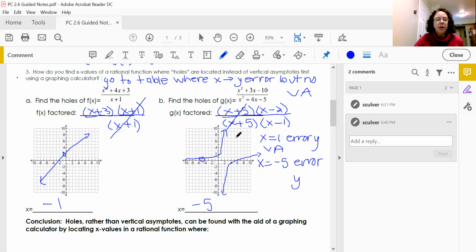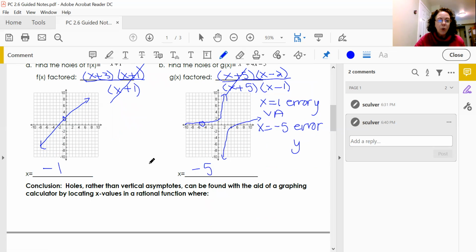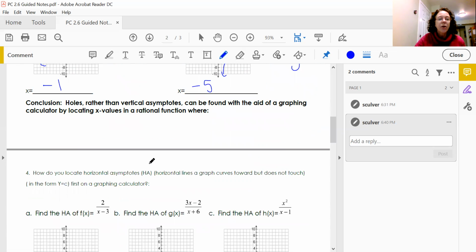So it turns out, in conclusion, that holes, in bold here, rather than vertical asymptotes, can be found without the aid of a graphing calculator by locating x values in a rational function where the x makes the denominator 0, but the factor cancels.